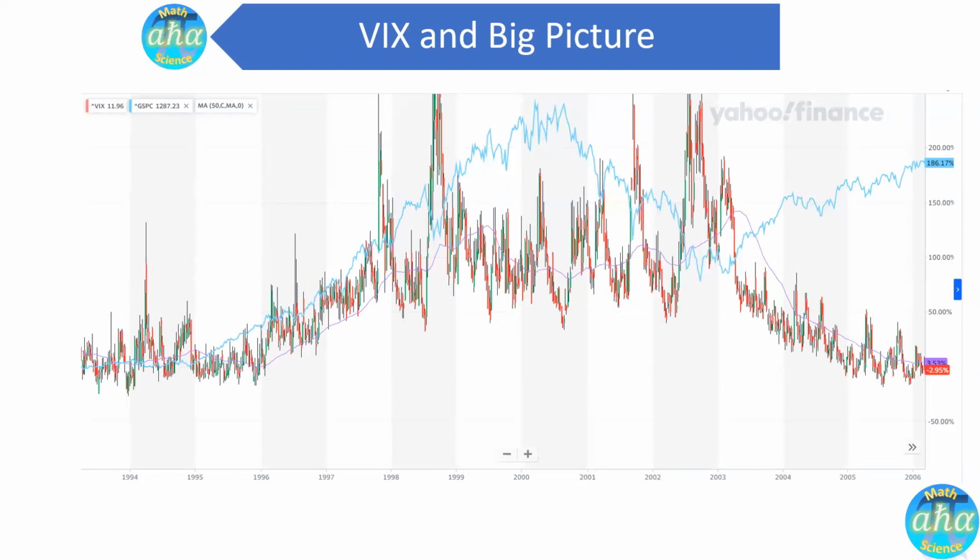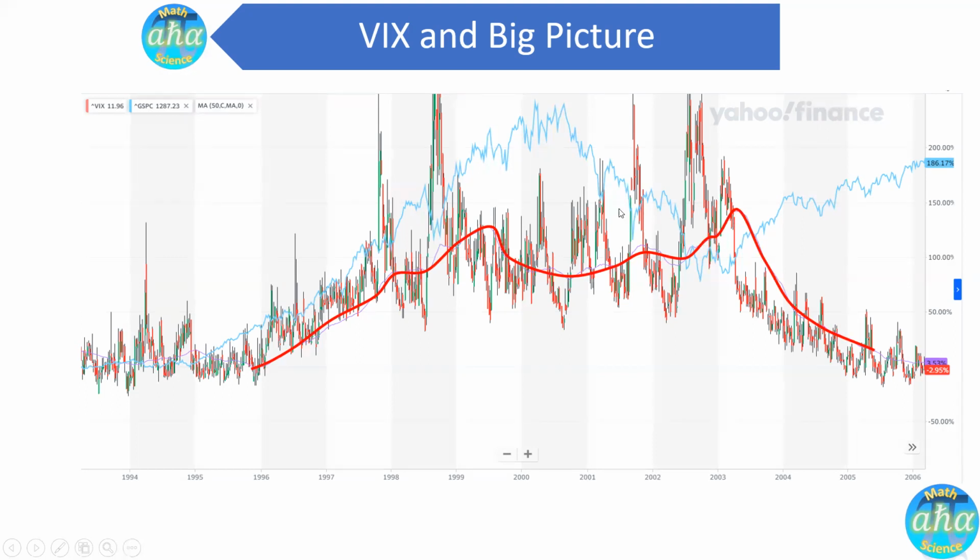Let's take a look at another one, which happened during the dot-com bubble and the subsequent slowdown, when the economy entered a recession. You can see again the 50-week moving average of the VIX shows a primary peak, and in this case there's more volatility even in 2002 and 2003, leading to a secondary peak that is even higher than the primary peak.